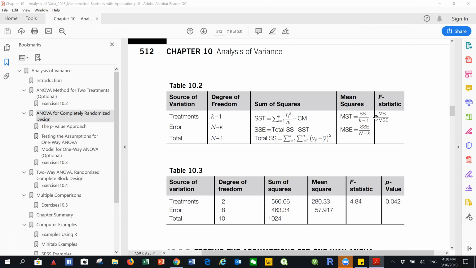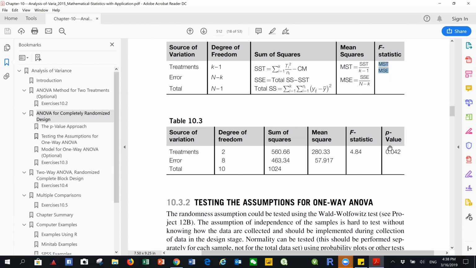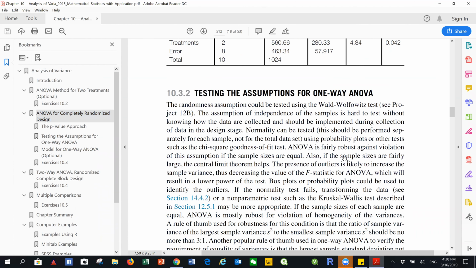And so we measure whether within and among are very different. If they are very different, this will be too big, and then we will reject. Otherwise, do not reject. Okay. All right.